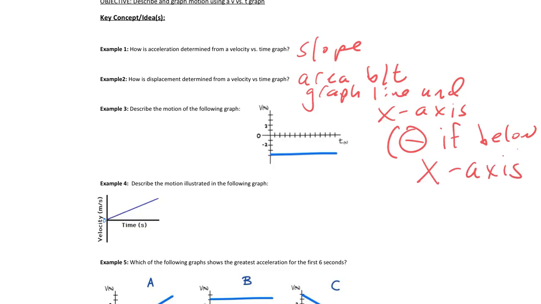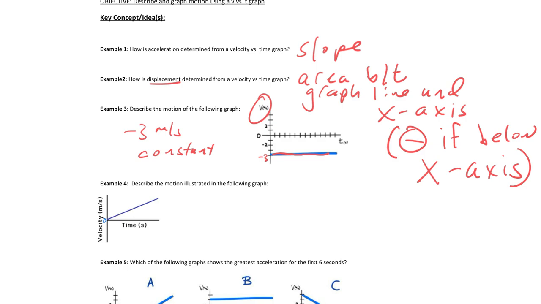Describe the motion on the following graph. This is a v versus t graph. It looks like it's negative 3 meters per second, constant, because it's a horizontal line, it's not changing.